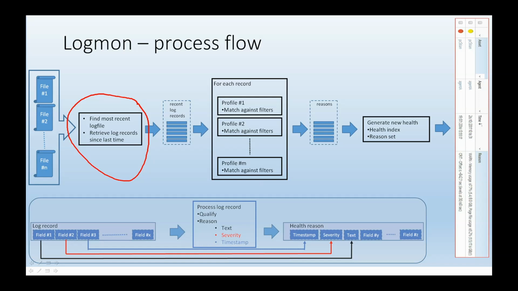For each of these log records, we match it against the filters or the text patterns defined, and if a log record matches all of the defined filters, we generate a new health index and corresponding reasons. And this is actually what we then will see in Ceeview. We'll revisit this illustration before the second demonstration in order to explain some of the more advanced features of the log monitor.